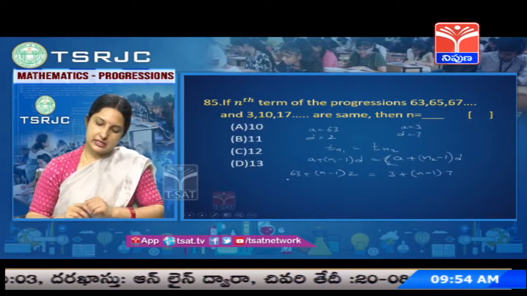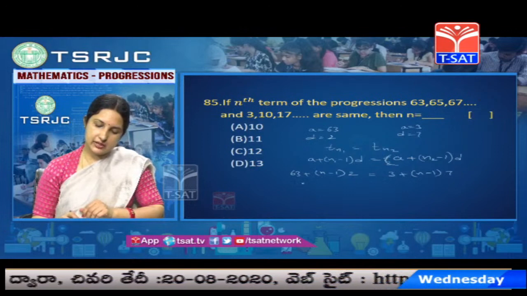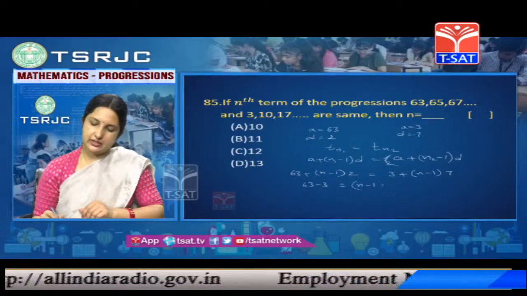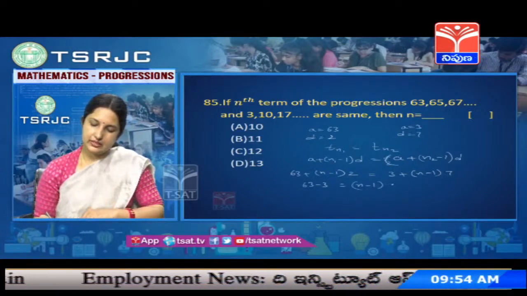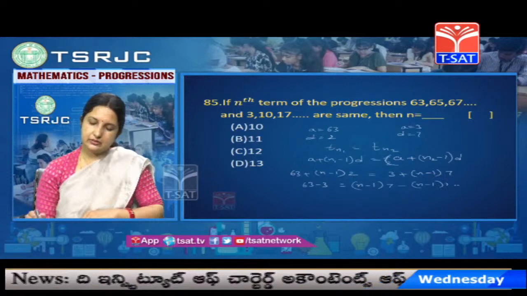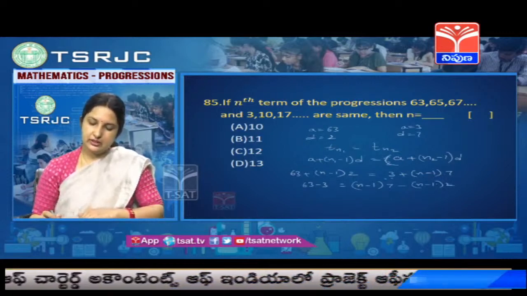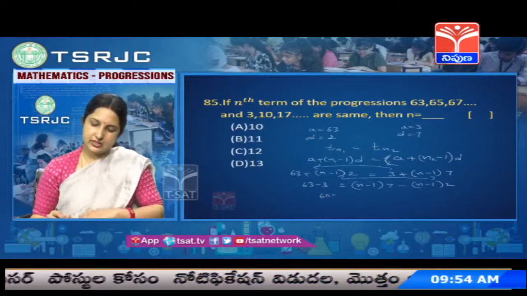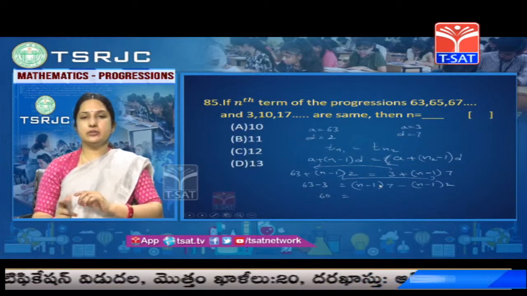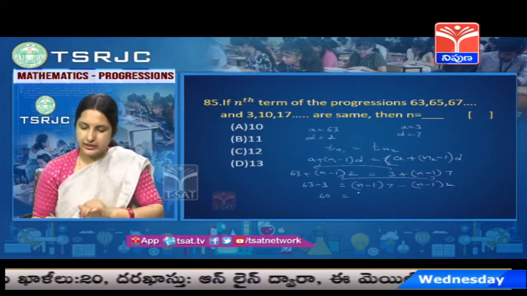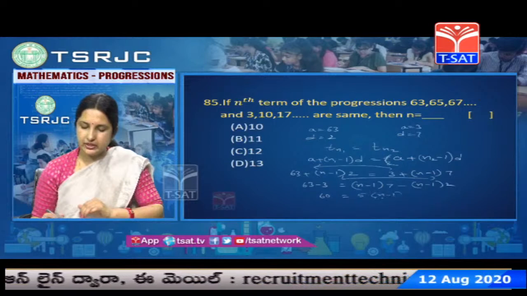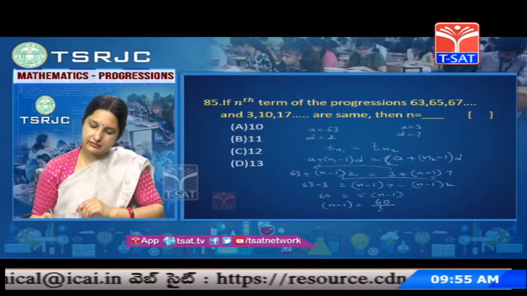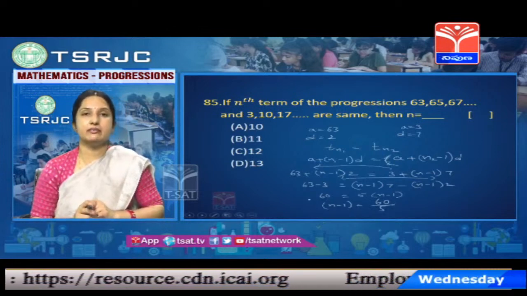63 minus 3 equals n minus 1 into 7 minus n minus 1 into 2 అనమాట. ఇది అటు పోతుంది. సో 63 మైనస్ 3 ఎంత? 60. 60 ఈక్వల్స్ టు n మైనస్ 1 ఇంటూ 7, ఇదేమో 2, కాబట్టి అవి రెండింటిని సబ్ట్రాక్ట్ చేస్తే ఏమొస్తుంది? 5 ఇంటూ n మైనస్ 1 వస్తుంది. సో n minus 1 equals 60 by 5. ఈ 5 లెఫ్ట్ సైడ్ వస్తే డివైడ్ అవుతుంది.